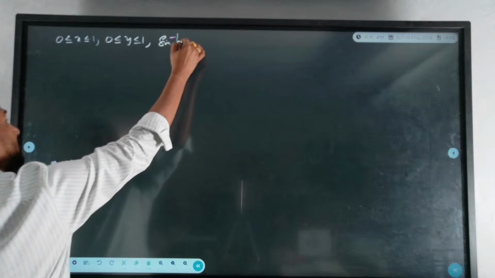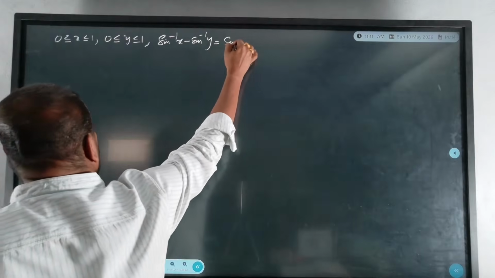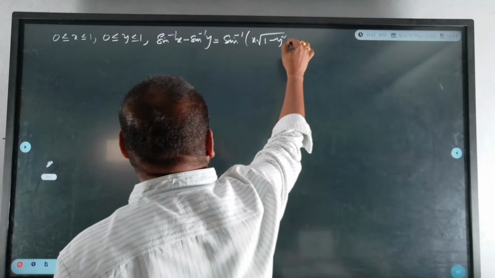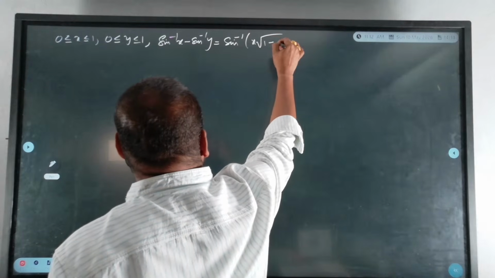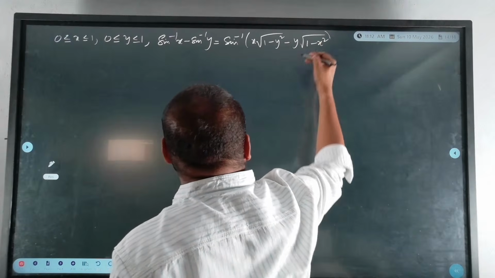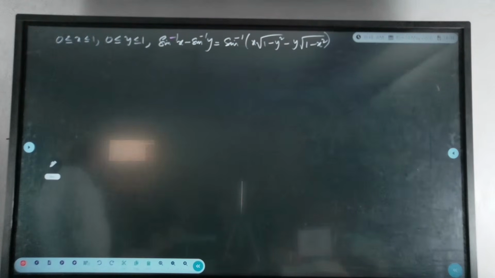Sine inverse x minus sine inverse y is equal to sine inverse of x root 1 minus y square minus y root 1 minus x square. Only one case, that is. In the same way we can prove.